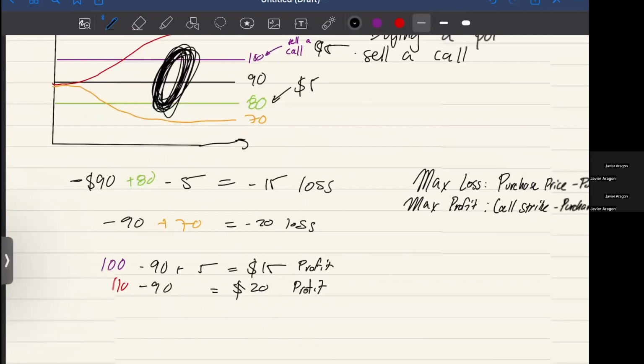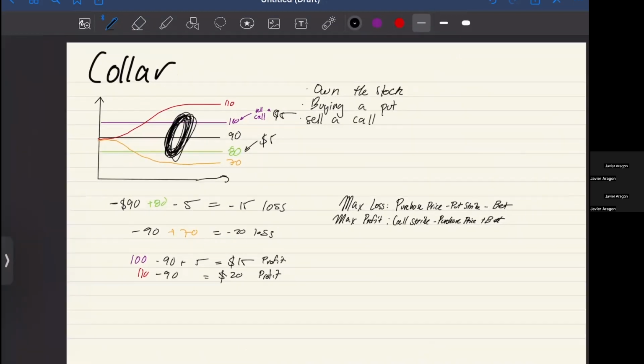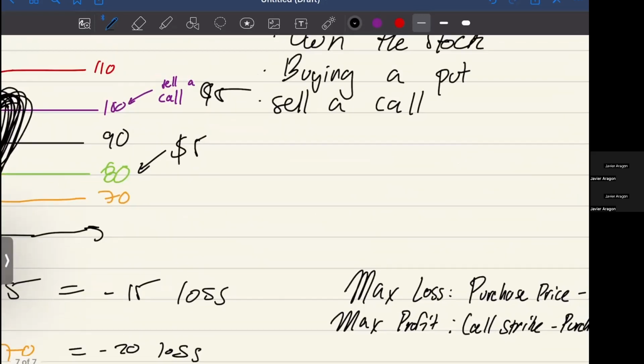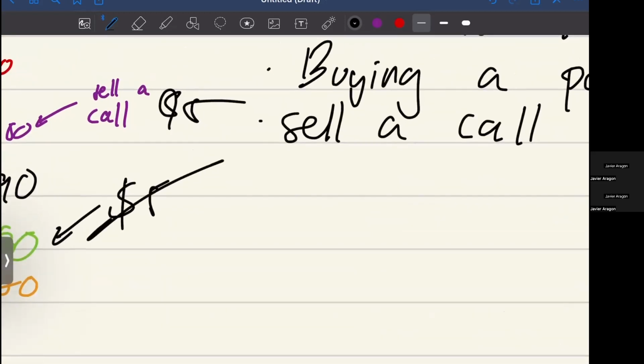And if you remember correctly, that second selling of a call is not just because you're thinking to yourself, oh, I just want to limit the amount of money I want to make. Because again, why would you want to do that? Essentially the selling of the call offsets this, because look, this and this.